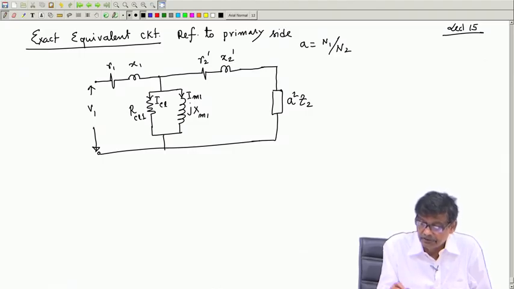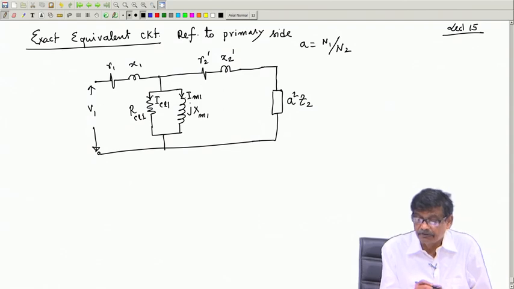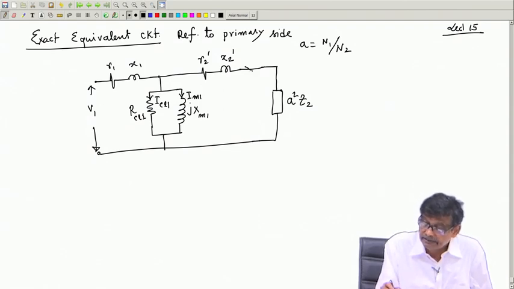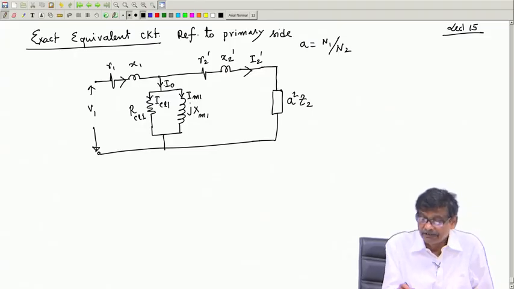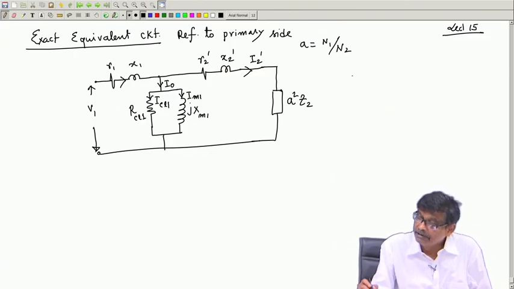You can write 1, referred to primary side. This current is your I2 dashed, and this current we call I naught, the no load current, because I naught has two components.